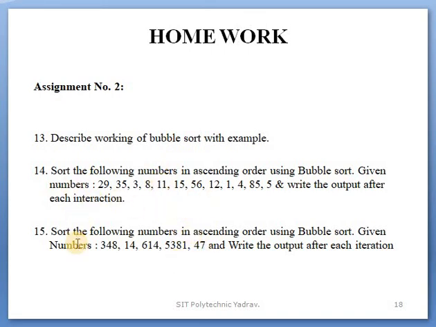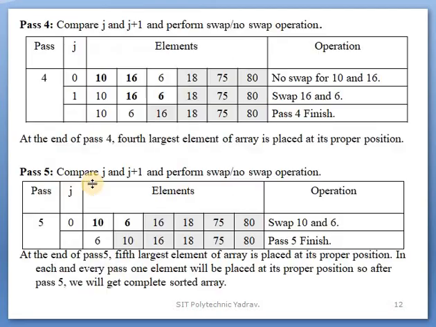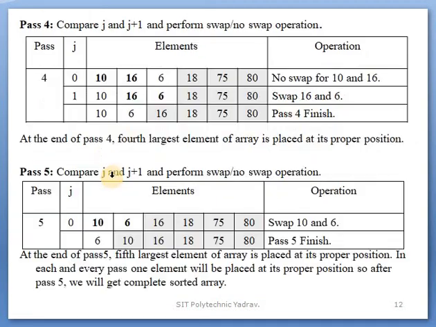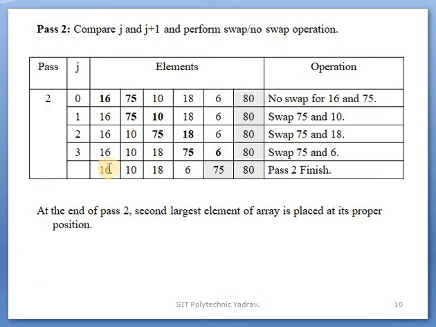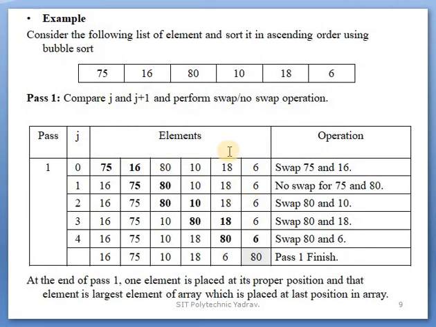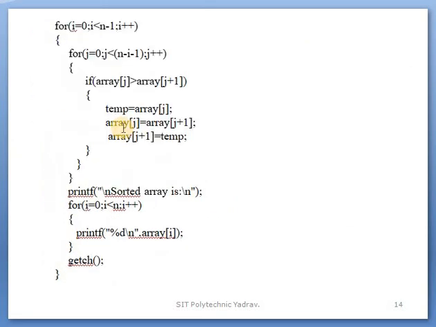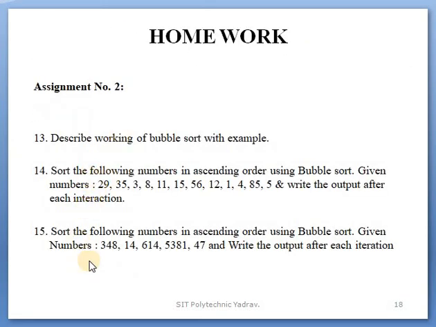Write the answer slide by slide: after each pass, meaning each iteration, show the given numbers. If there are 6 numbers, then there are 5 iterations or passes. Show these 5 passes in this example, in that type, for both questions.